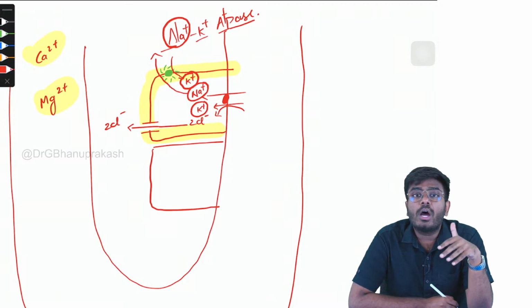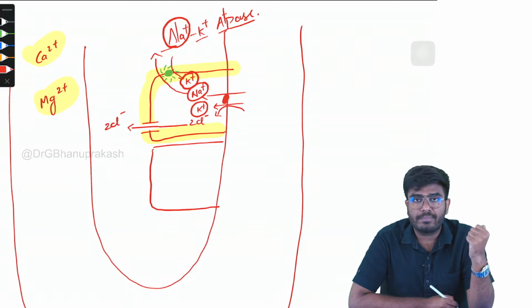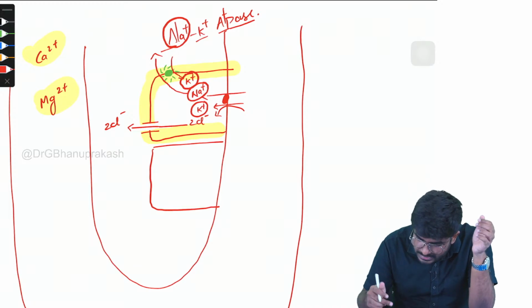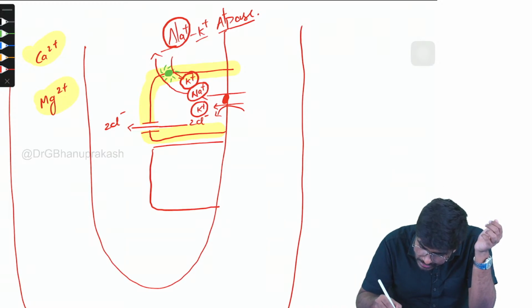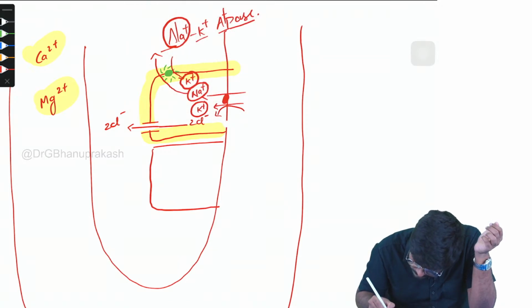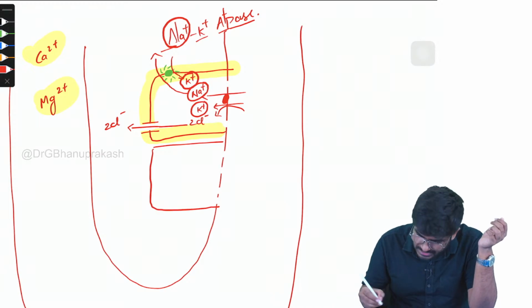See, now in order to prevent this extra positivity inside the cell, do you know what will happen? Now, these cells have certain channels. Guys, physiologically they are there. These cells have certain channels called potassium leaky channels.